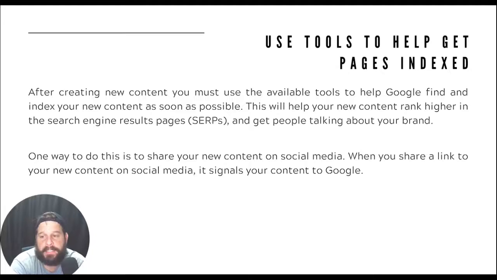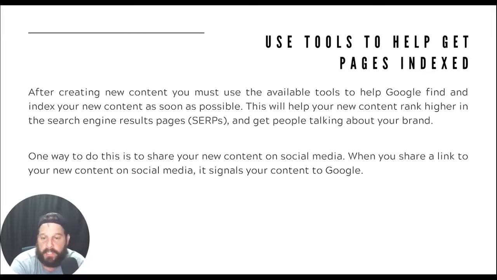So one way to do this is to share your new content, your new pages, your new location pages, on your social media, on your Google Map posts, on Twitter. There's certain indexing sites that you can use. You want to share that content around so that other people might have an opportunity to share it.